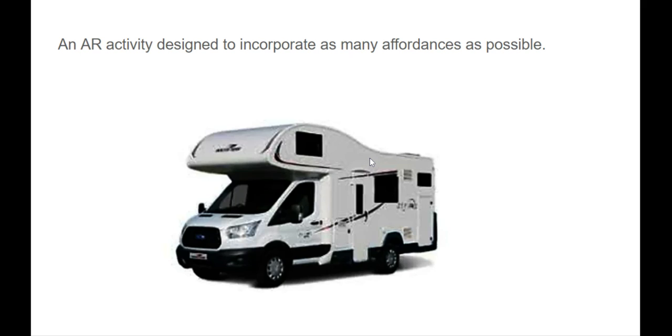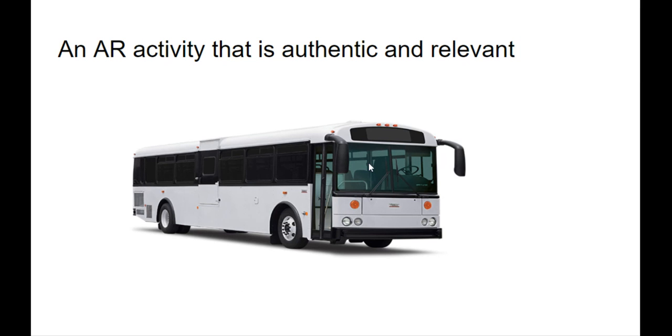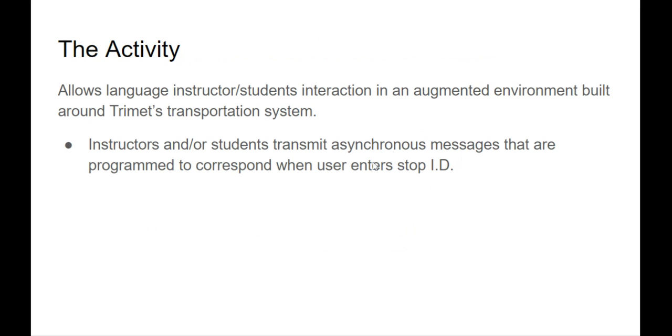So instead of social interactivity, for instance, being an incidental characteristic of a game, it can be integral to the game itself. It can be woven into the design of the game. Also, we can build an AR activity that is both authentic and relevant. So we're not using our time to play something that has no actual significance in this world.